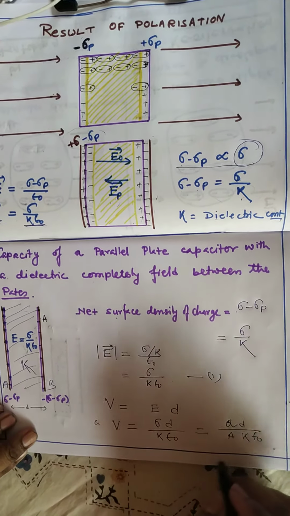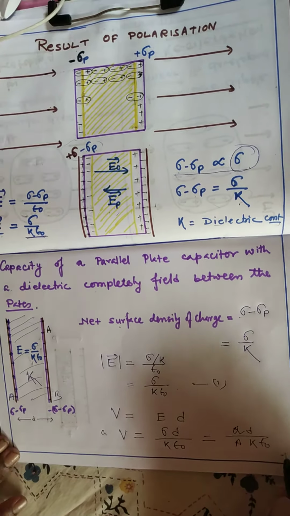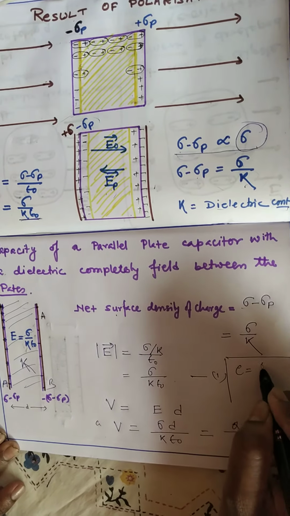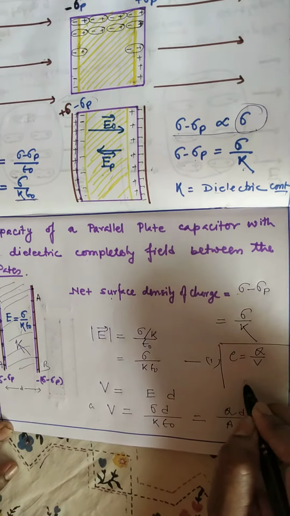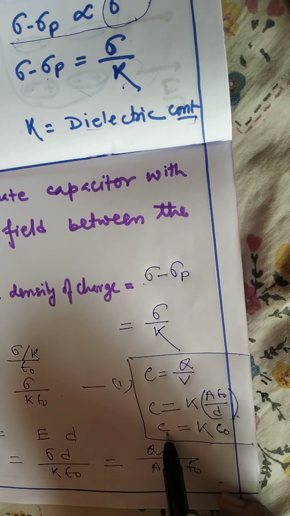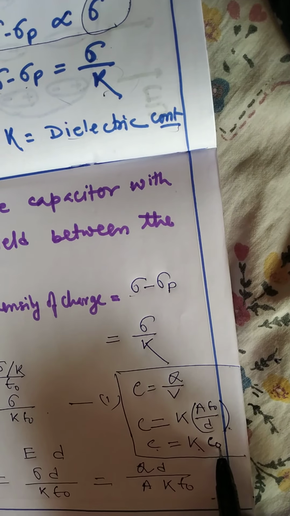From there we can write directly that C equal to q by V gives k A epsilon naught by d. And A epsilon naught by d is the capacitance with no medium between the plates. So here C equals k times C naught.